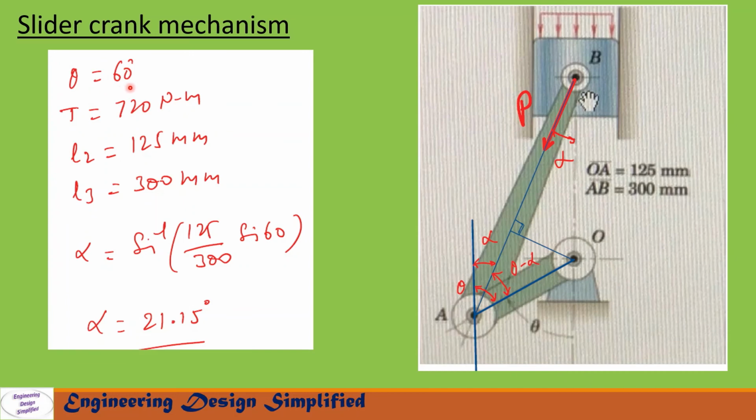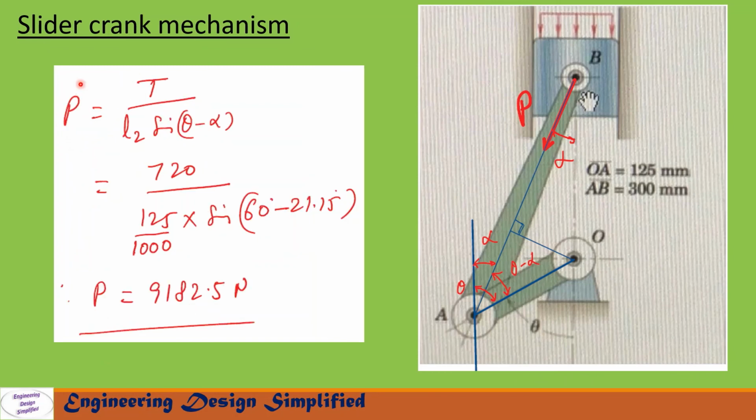Theta equal to 60 degrees, T equal to 720 Newton meter, L2 is 125 millimeter, L3 is 300 millimeter. From these values, using the expression we have seen previously, alpha equal to sine inverse of L2 by L3 into sine theta, we can find this angle alpha as 21.15 degrees.